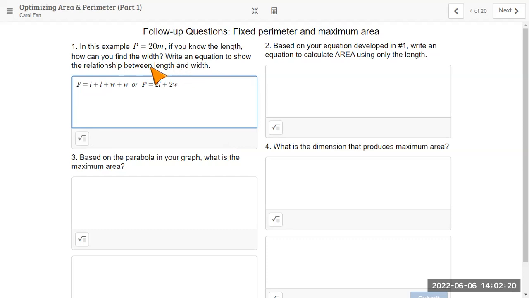So the relationship has to be these two. Let's say that I have 20 as my perimeter. When it says show the relationship between the length and the width, it just means write an equation that will express the length in terms of the width or the width in terms of the length.